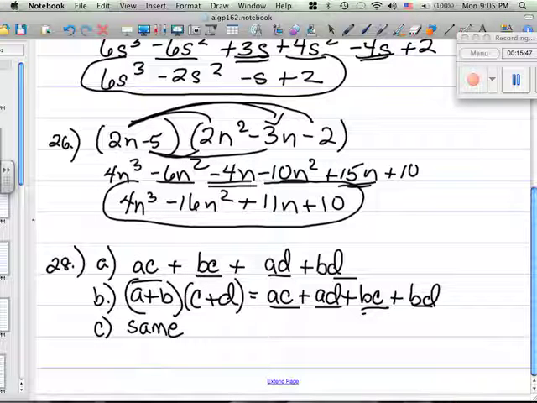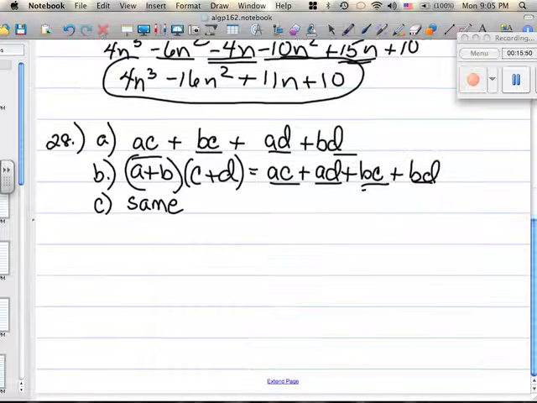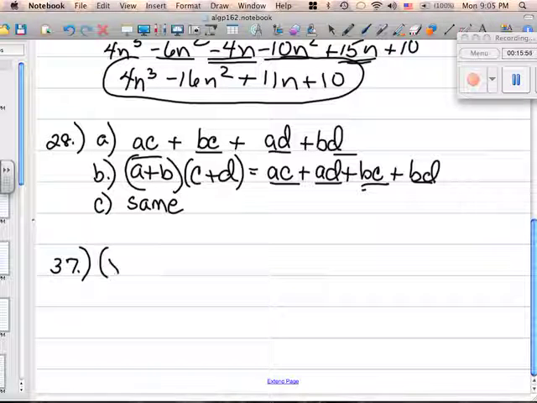Now we drop down to 37 through 40. 37, copy the problem down. You have x plus 2, 38.